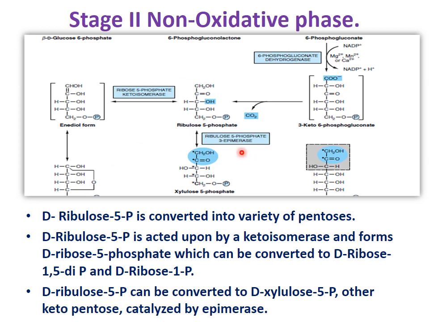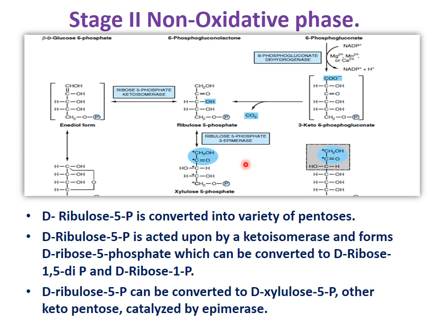Isomerase. But now from ribulose 5-phosphate, when it forms xylulose 5-phosphate, there is a change in the position of the OH group, which was on this side, now it is on that side. So that is known as epimerase when the change in position takes place. So here the enzyme is epimerase.